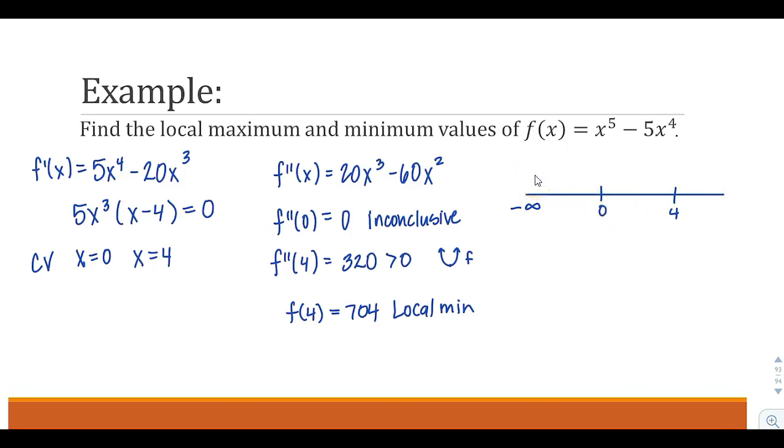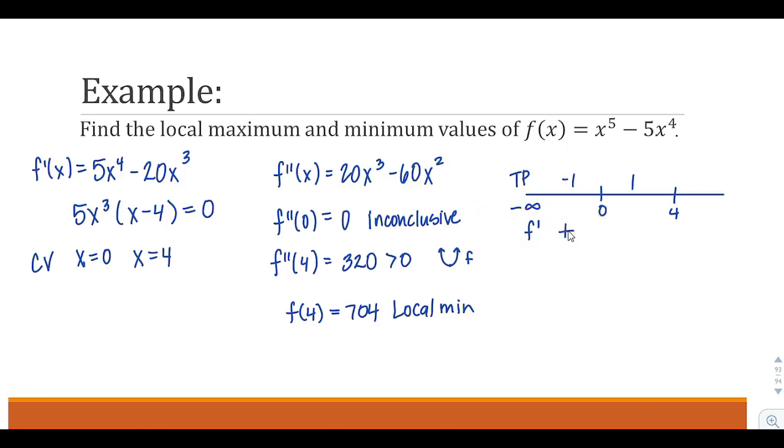So I'm going to pick my test point, negative 1 in the first interval, 1 in the second interval, and if I think about f prime, so here we have to be careful, we're doing the first derivative test. So if I substitute negative 1 over here, so this is my first derivative, I will end up with a negative times a negative. And overall that is a positive.